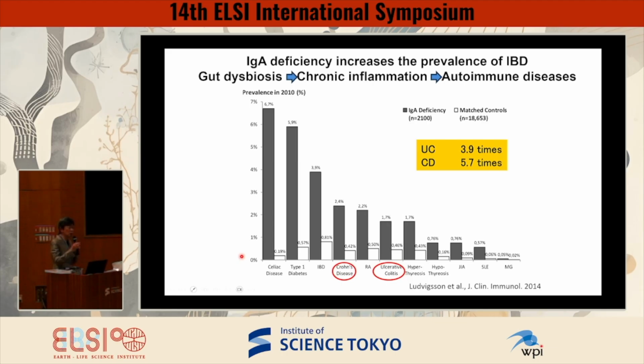IgA doesn't cause autoimmunity, but IgA deficiency causes gut dysbiosis. And as I explained, this dysbiosis can probably cause chronic inflammation, and this causes the autoimmune status. So the amount of IgA is very important.